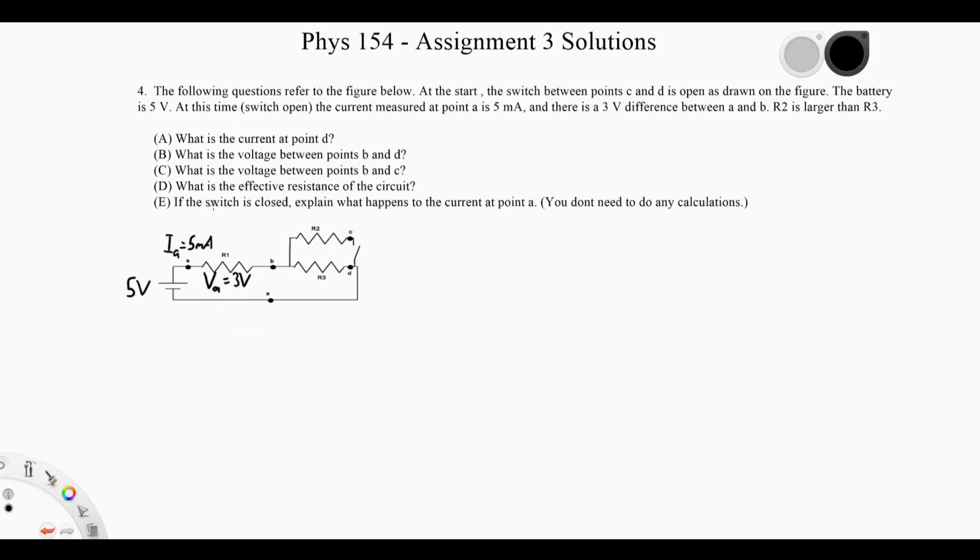Perfect. Okay, so question A says, what is the current at point D?